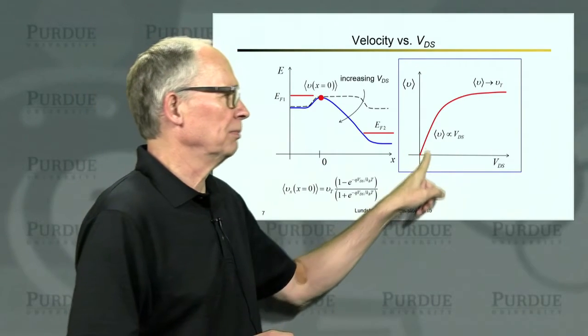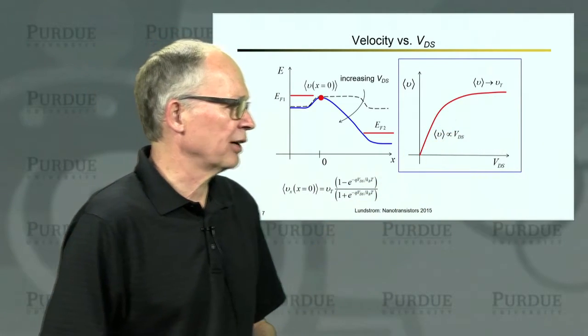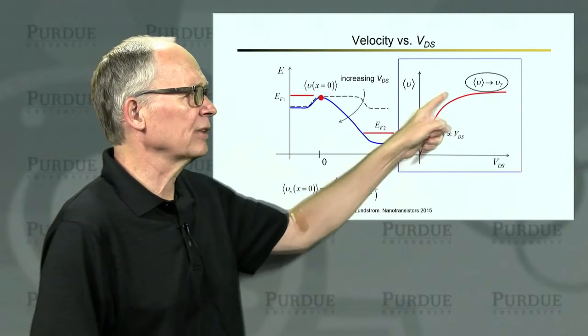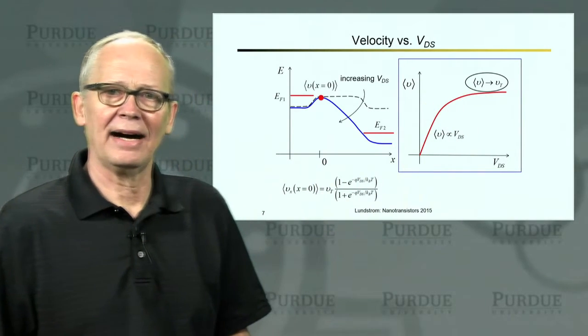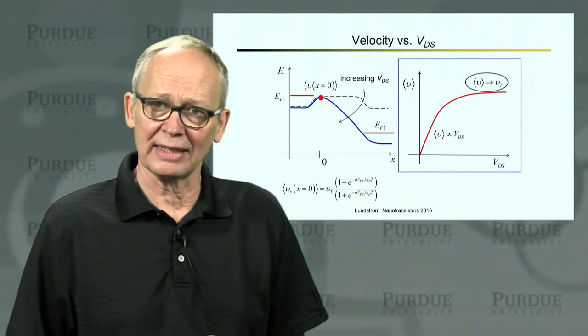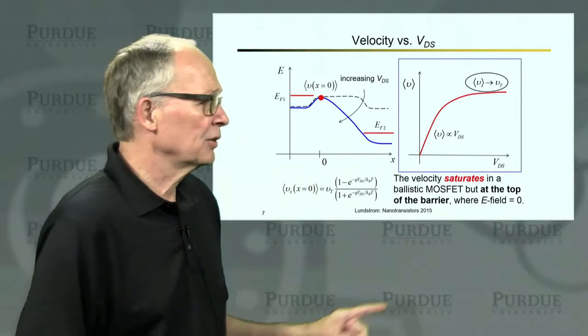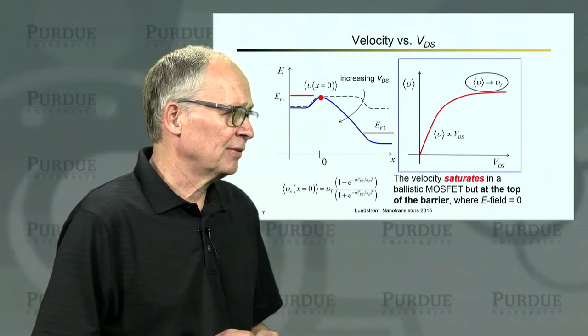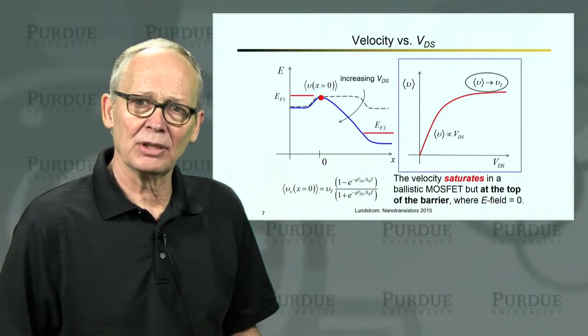Okay, we have this velocity versus drain voltage characteristic. Let's look now up here at the high drain voltage regime where the velocity saturates at the thermal velocity. Okay, so this is really quite interesting. The velocity is saturating in a ballistic MOSFET.